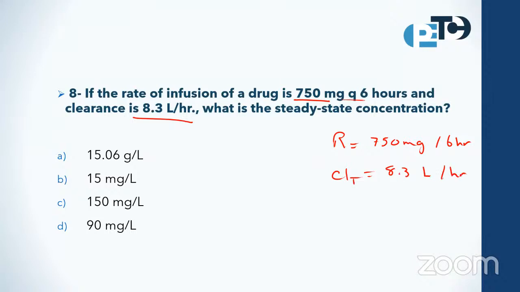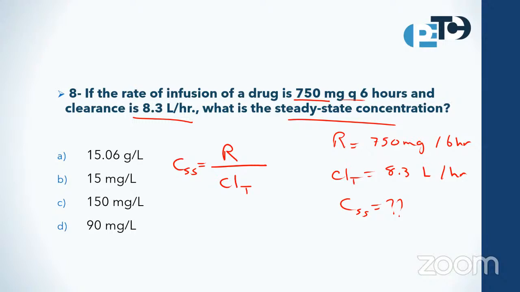What is the steady state concentration? As usual, the first step in pharmacokinetic calculation is to know the formula. What is the formula in this case? CSS equals R over the total clearance.